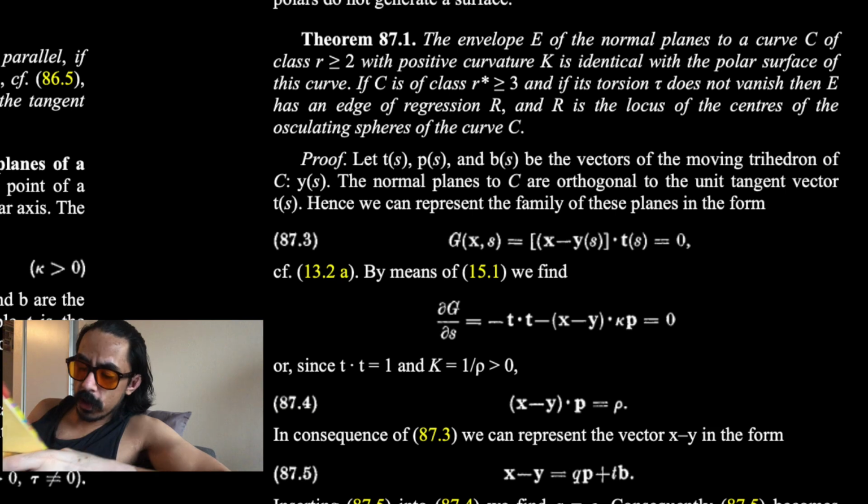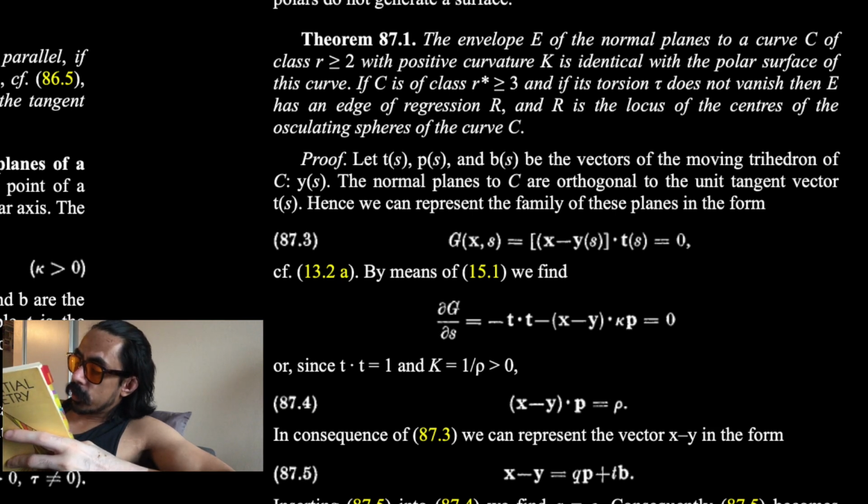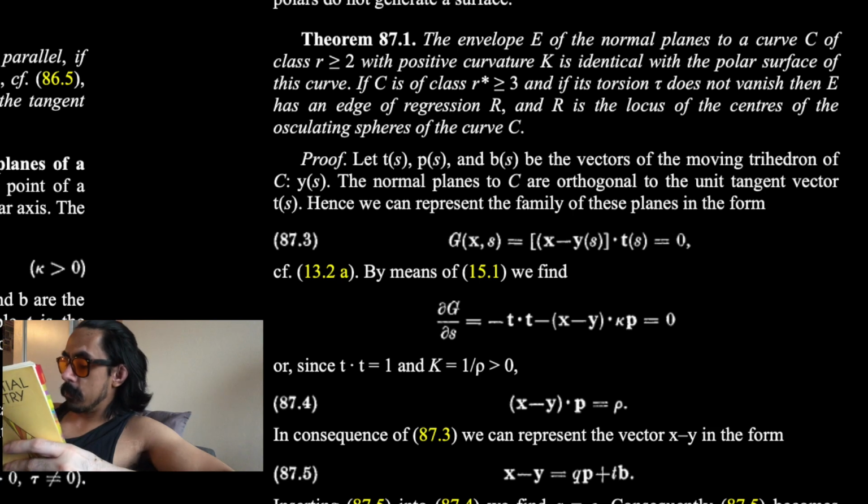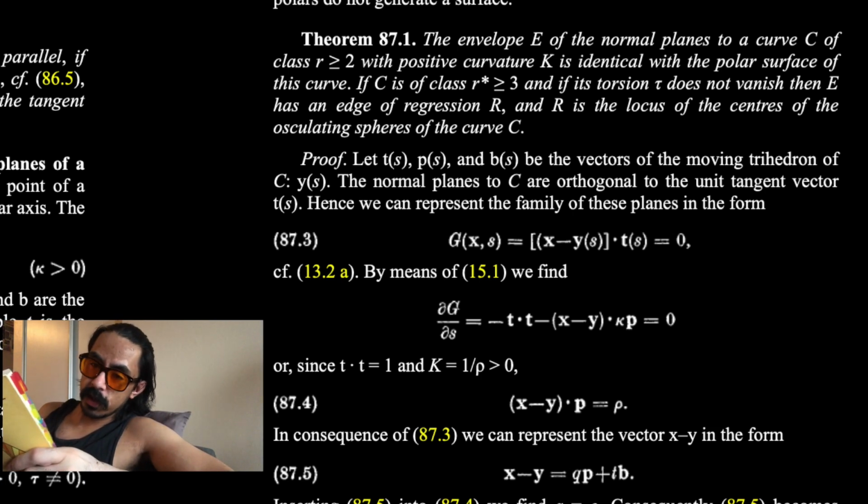The proof is as follows. Let vector t of s, vector p of s, and vector b of s be the vectors of the moving trihedron of the curve capital C with a vector parametric representation y in terms of lowercase s, that is to say, arc length. The normal planes to the curve capital C are orthogonal to the unit tangent vector t of s.